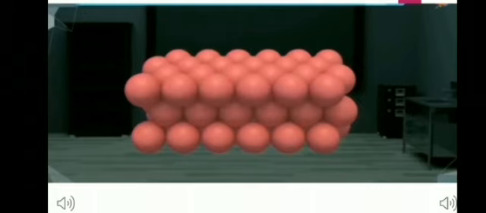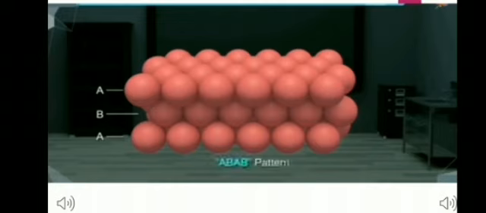So, if we call the first layer A type, the second layer will be B type. Then the third layer will also be A type. As the pattern of the spheres is repeated alternately in the other layers, the arrangement will be called an ABAB pattern, and the structure formed is called hexagonal close packing or HCP structure.